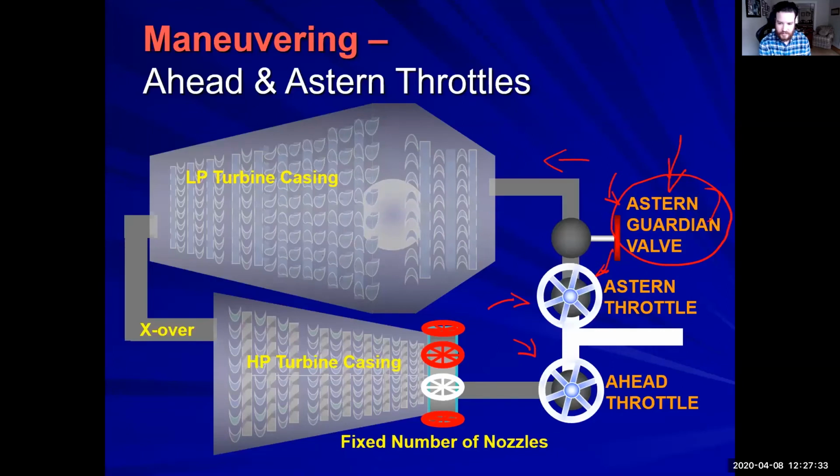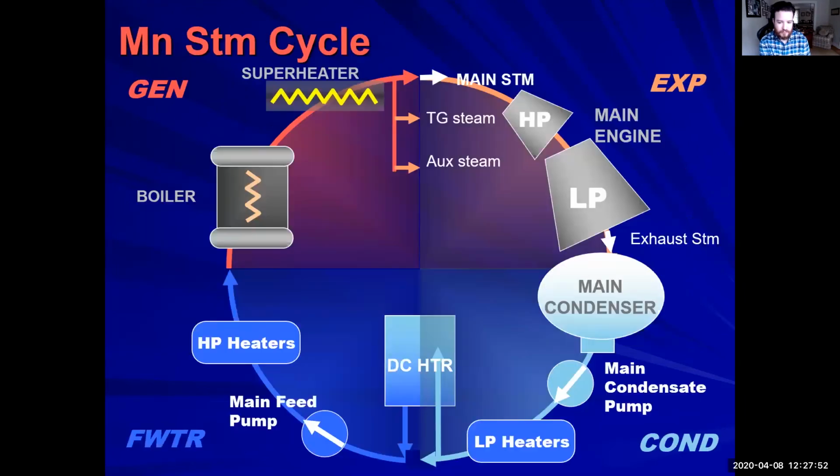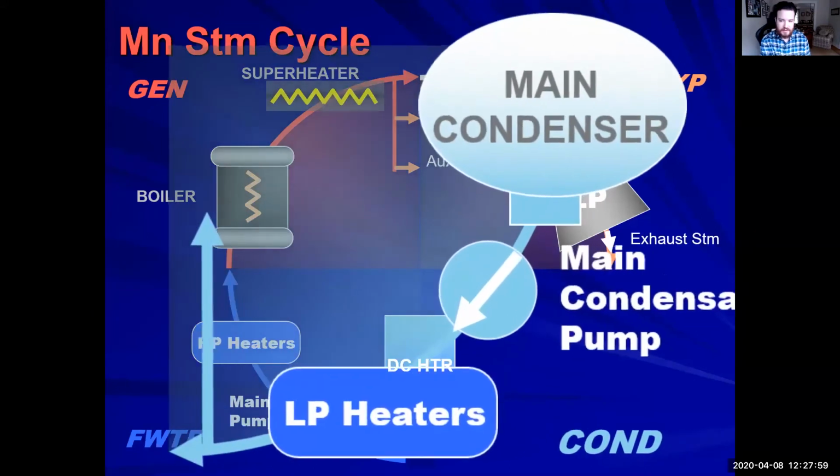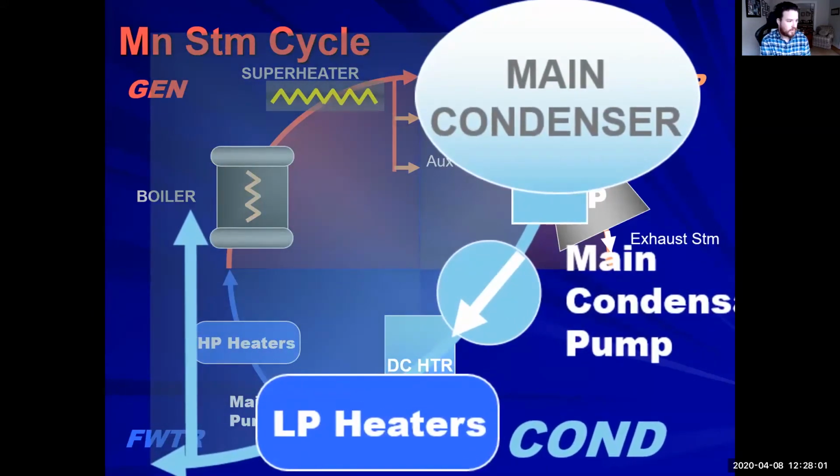Let's watch that animation. So you open it up, you have steam going through, but it's only going through those front portion of the blades. All right, so that is our low pressure and high pressure turbines.